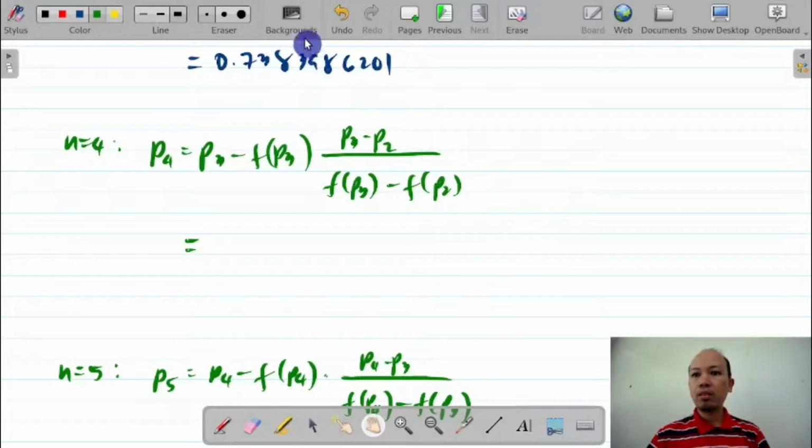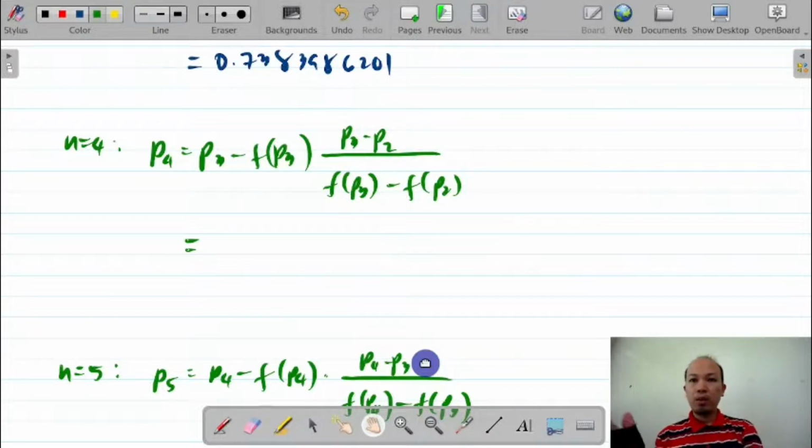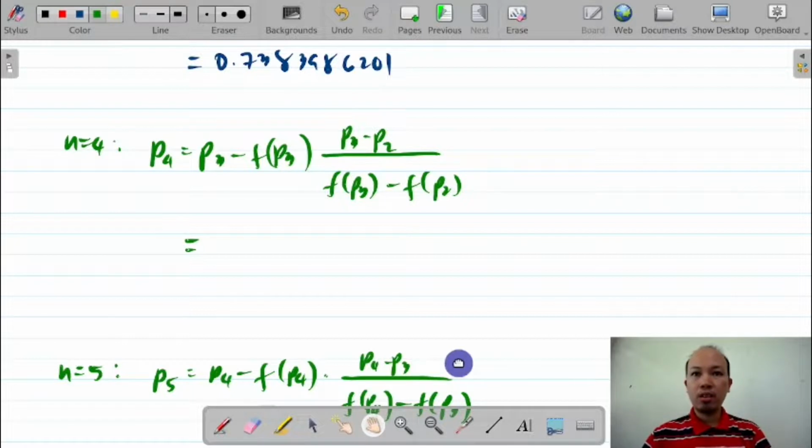Okay, so this is the result of the computation that I did in the Desmos scientific calculator.